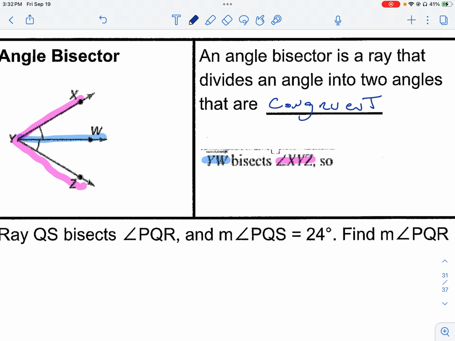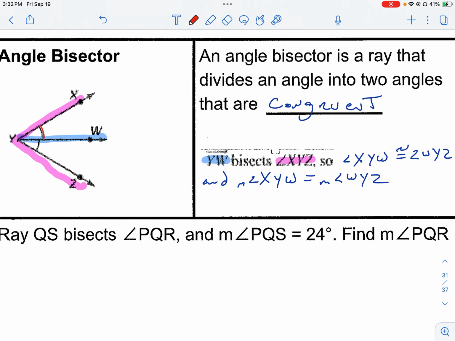That means that angle XYW is congruent to angle WYZ, and the measure of angle XYW equals the measure of angle WYZ.